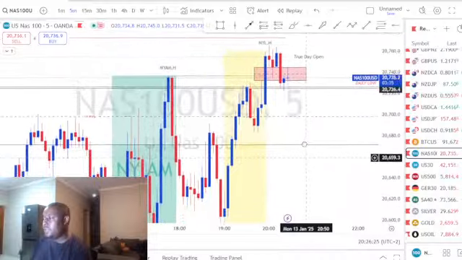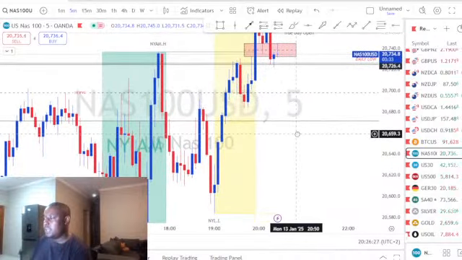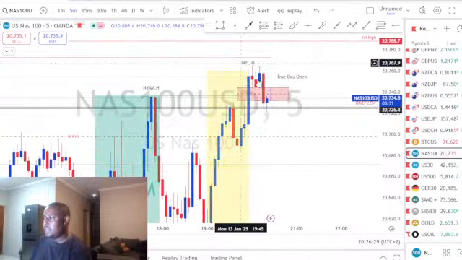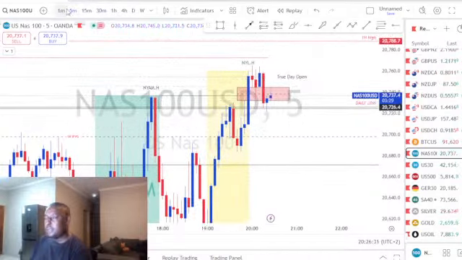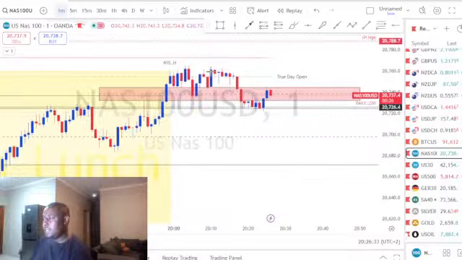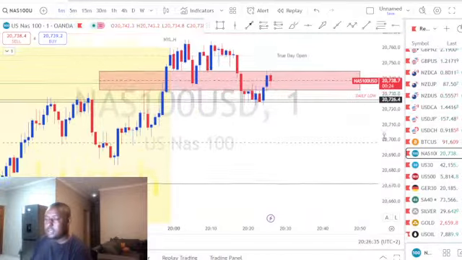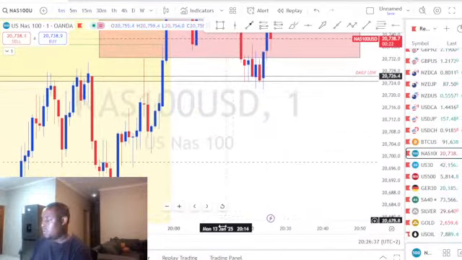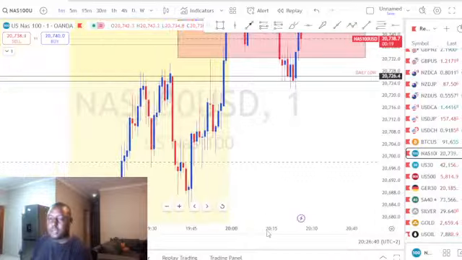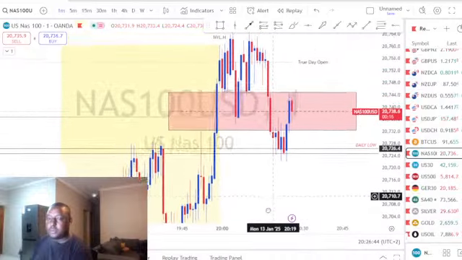We invaded that and we seem to be rejecting. Is there an SMT here? I could look to go short if I get what I want to see. Let me just wait for PM session to open and then I'll decide what to do.